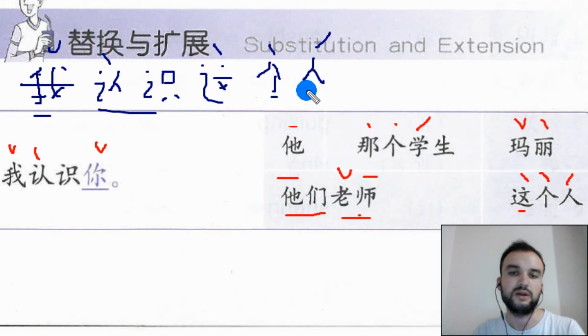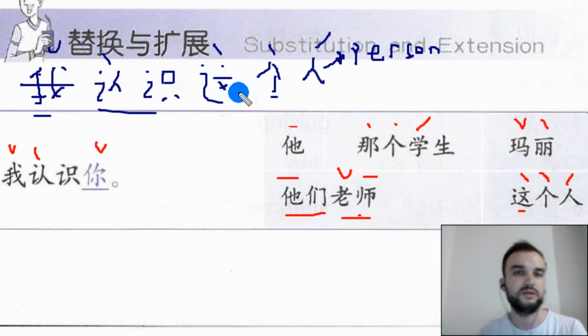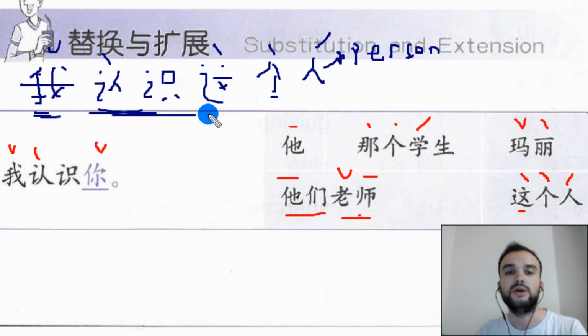I explained already. 人 means person. I know this person. You can say 我认识这个人. 人 is second tone. 我认识这个人. I know this person. Okay.